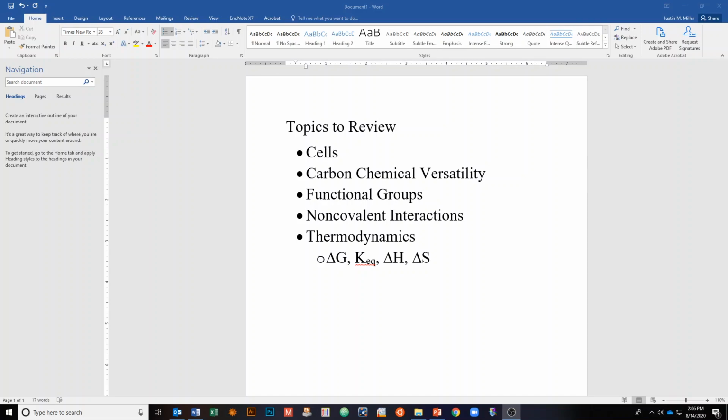And lastly, thermodynamics. I don't expect you to be an expert, but I want you to be able to interpret delta G, delta H, delta S, K_EQ. Know what they are, know what they mean. Have some sense for how to interpret a negative delta G versus a positive delta G.